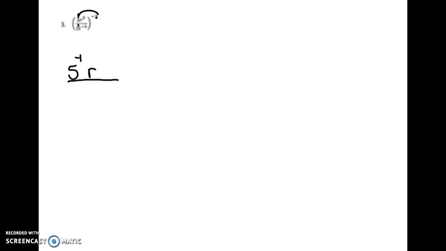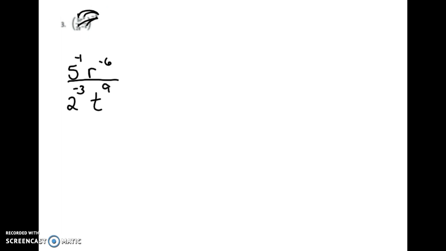And when we multiply negative 3 times 2, we get r to the negative 6. And in the denominator, keep distributing. Negative 3 times 1 would be 2 to the negative 3. And then we have a t. It's hard to read, I know. Negative 3 times negative 3 would be t to the 9th.